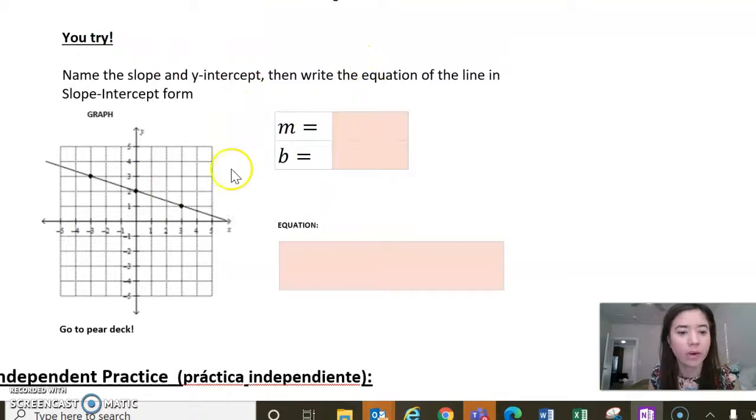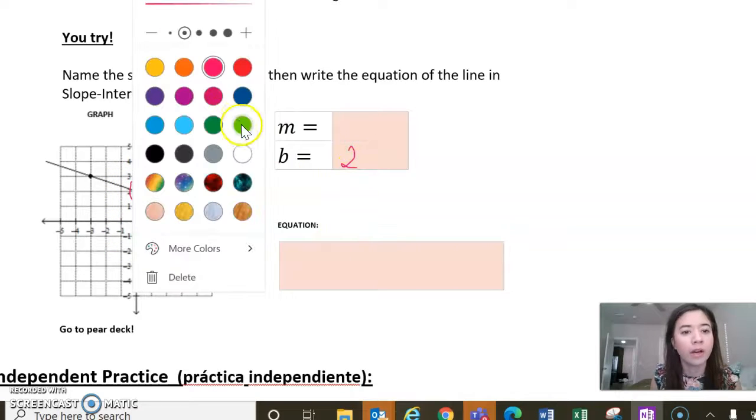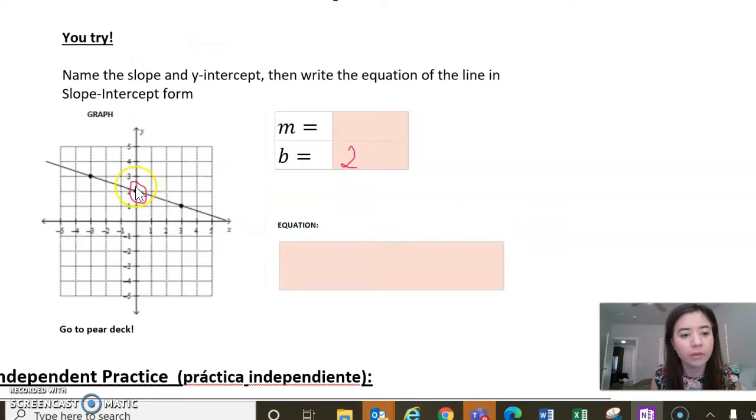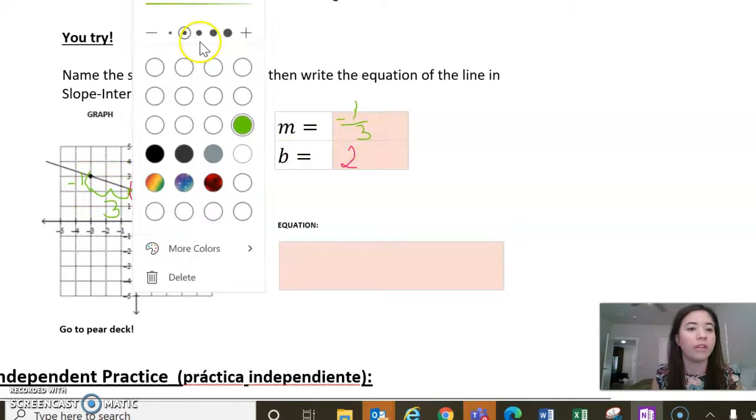Alrighty, so let's go ahead. I see my line crossing my y-axis right here at 2. And now let's go ahead and find our slope. So I'm going to go from this point here to this point. So I had to go down 1, so that's -1. 1, 2, 3. Rise was -1 over my run of 3. And then now we plug them in.